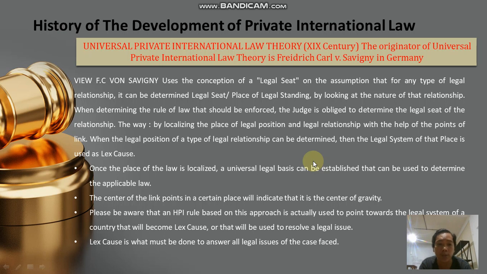When the legal seat of a type of legal relationship can be determined, then the legal system of that seat is used as the governing law. Once the seat of the law is located, a universal legal basis can be established that can be used to determine the applicable law.